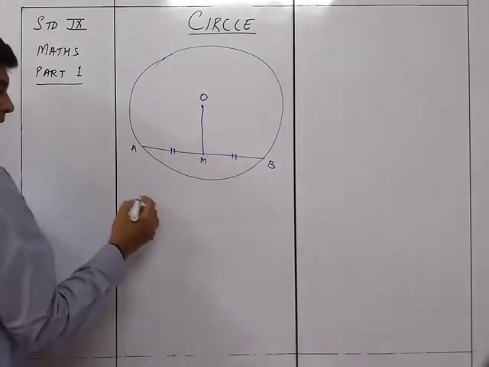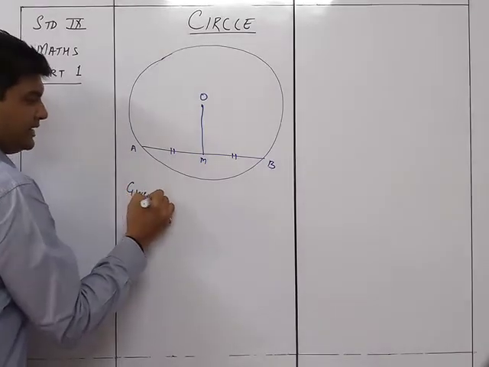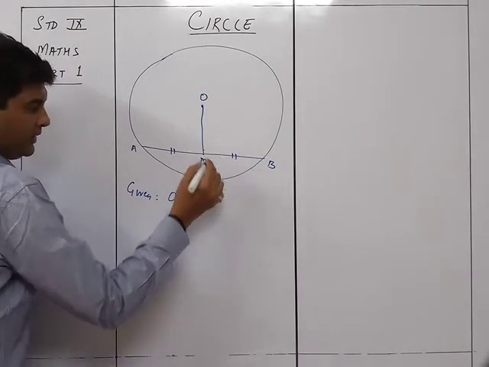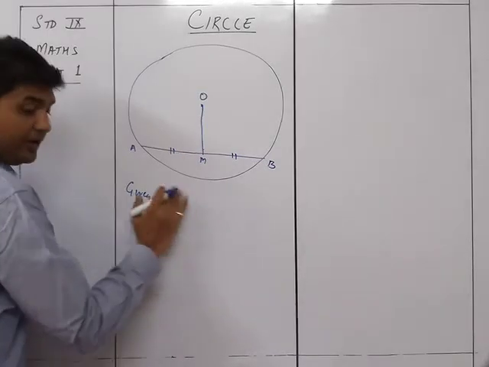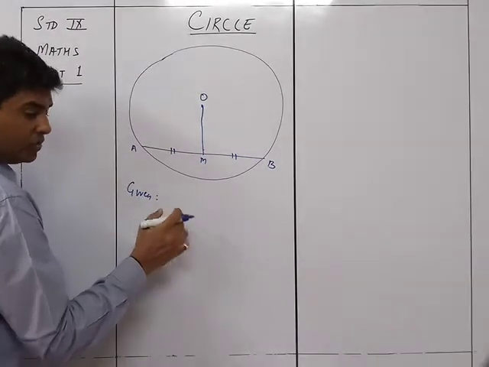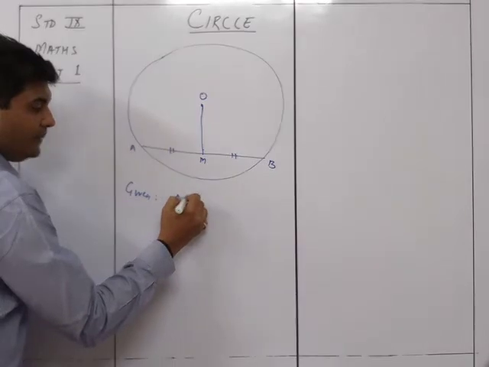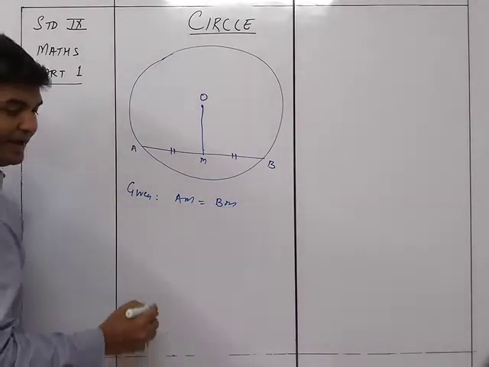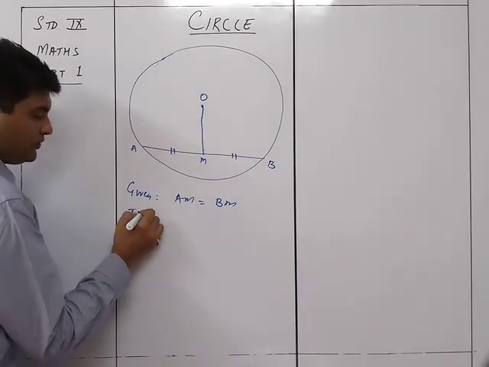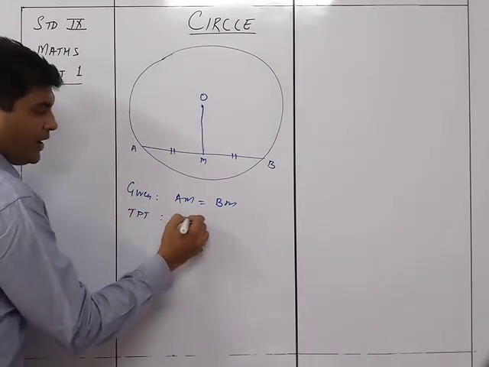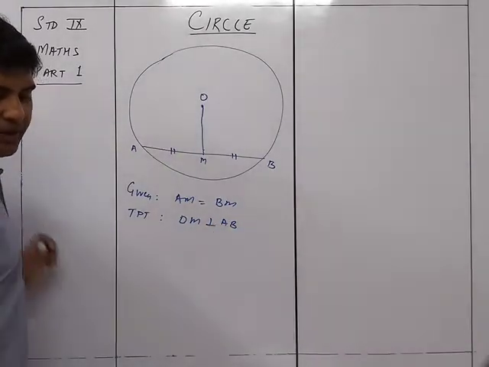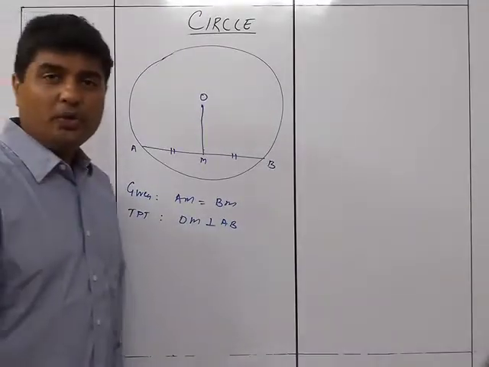It is given that AM is equal to BM. This is the only part which is given, and I need to prove that OM is perpendicular to AB.